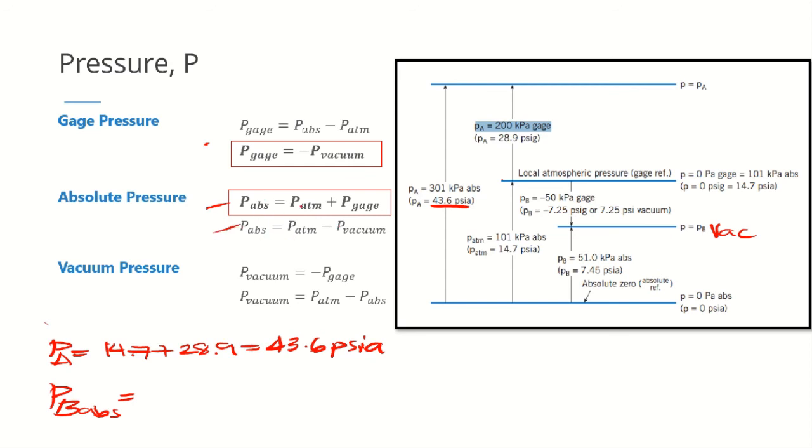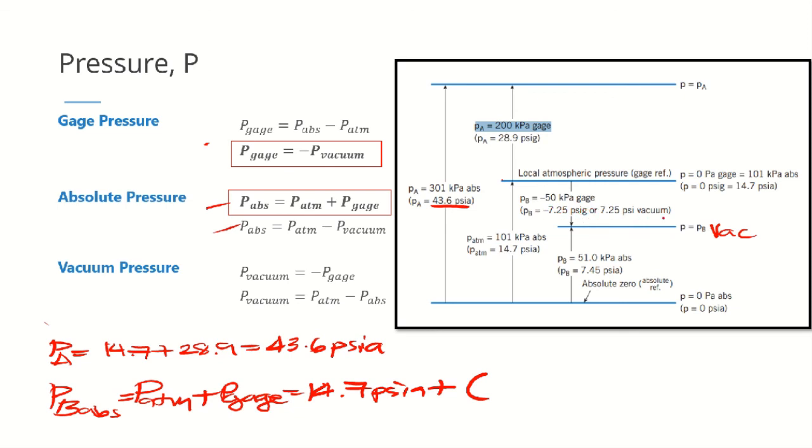Okay, so try natin gamitin itong PATM plus P gauge. PATM plus P gauge is equal to, okay, so ang atmospheric pressure natin is 14.7 PSIA plus yung gauge pressure. So any pressure below atmospheric pressure is negative gauge. Okay?